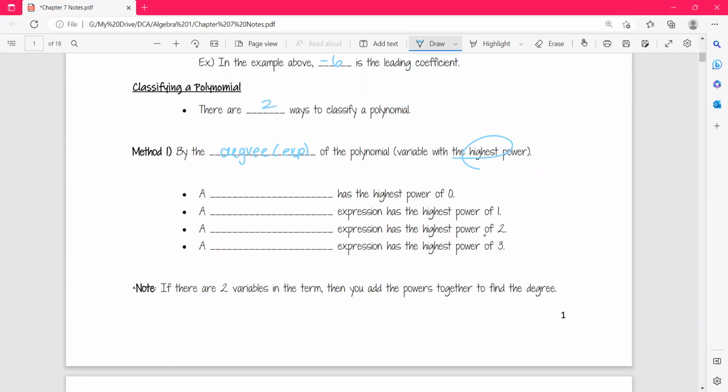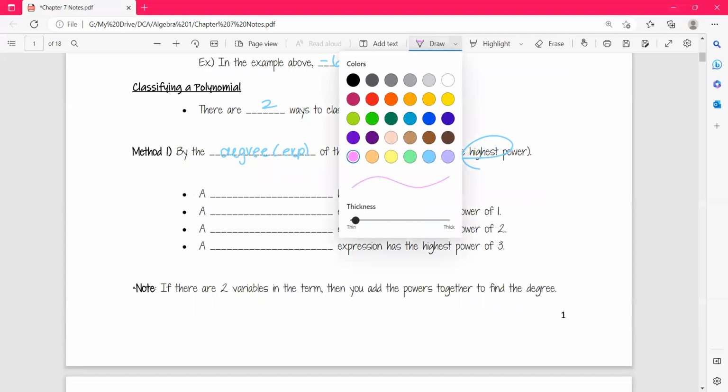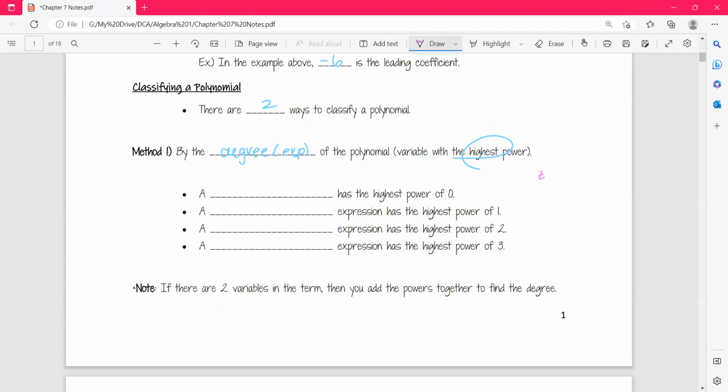So let's get some examples going. If the highest power is a 0, so if it was like a -3, there's no variable, so there's no exponent. The exponent's 0. It's going to be a constant polynomial. That's how we would classify it.